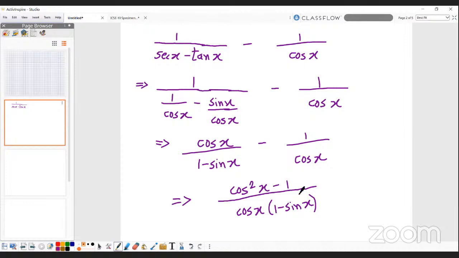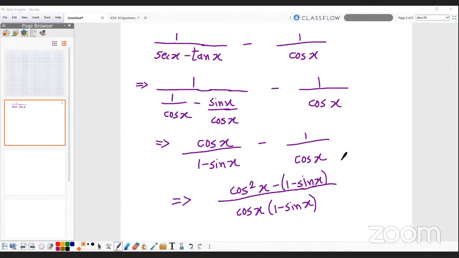Okay. So it will be cos square x minus... Sir, why don't minus sin x like this? Yes, sir, I made a mistake here. Cos x into cos x will be cos square x and minus 1 minus sin x. So you will get this.